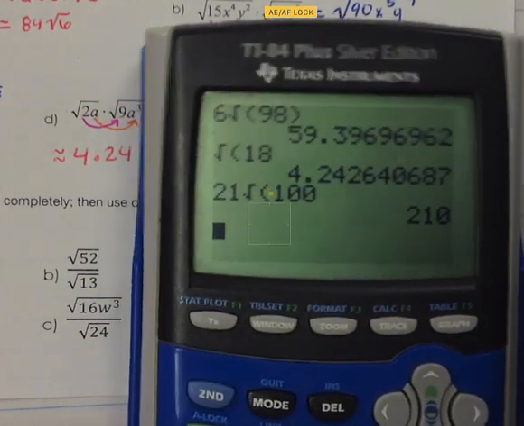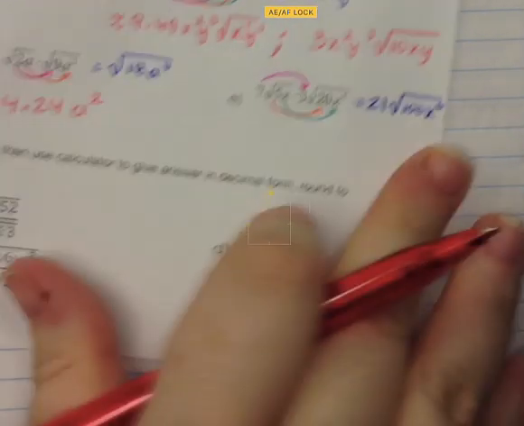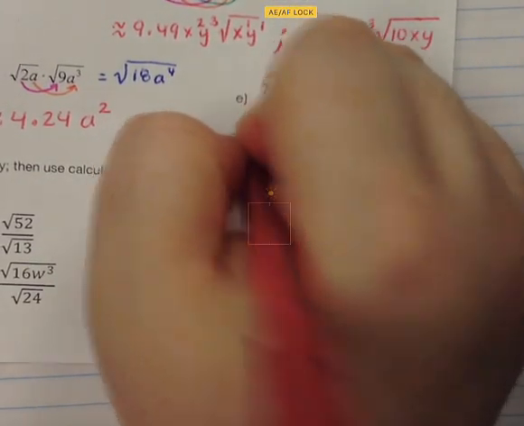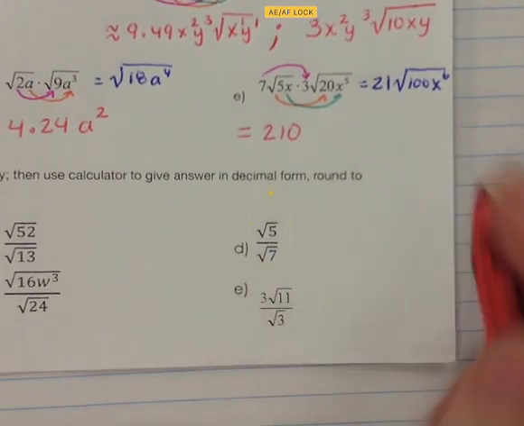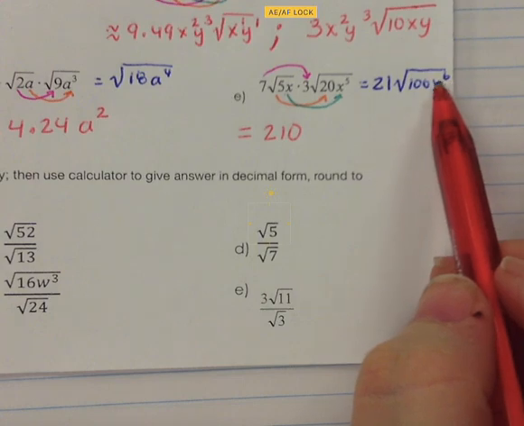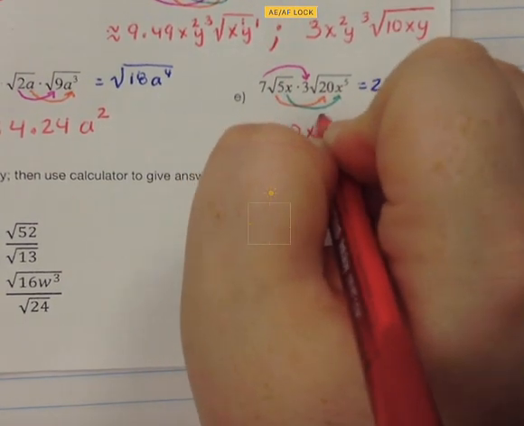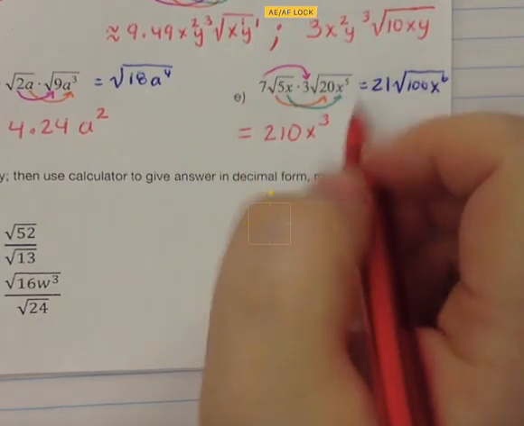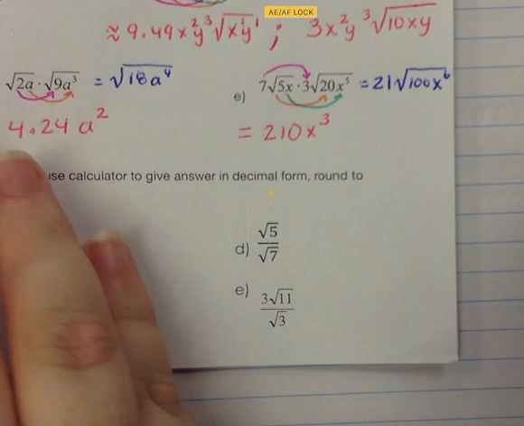And we get 210. So that's our number we write down, so 210. It's not a decimal, so therefore we can actually put equals 210. And then we'll take the square root of x to the 6th. So again, 2 goes into 6 3 times, so it's x cubed, with nothing left over, so there's no radicand. This would be our final answer, 210 x cubed.